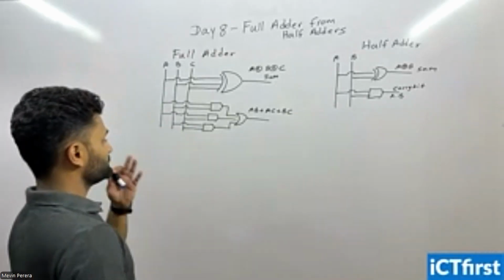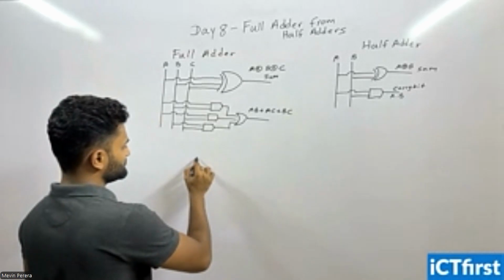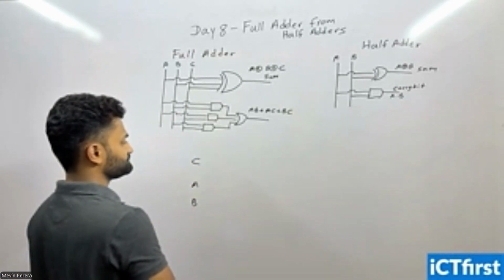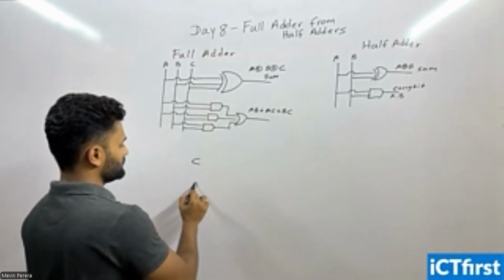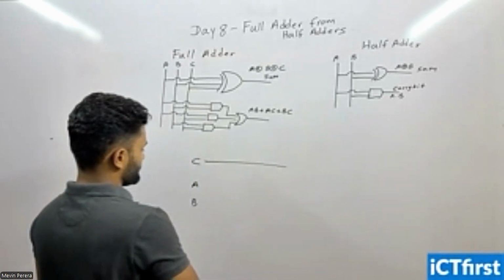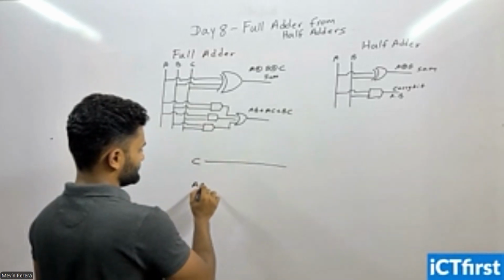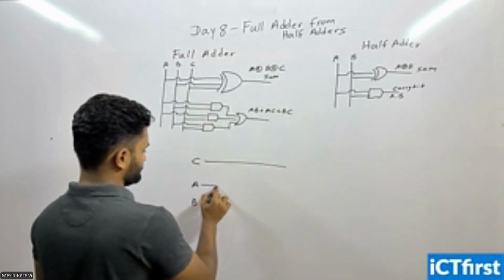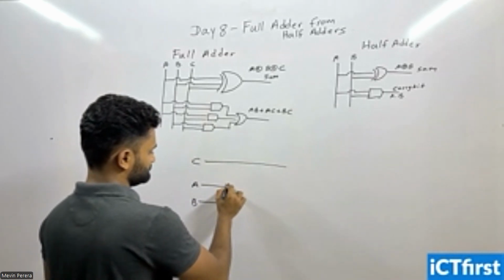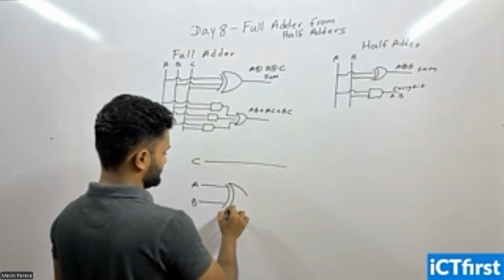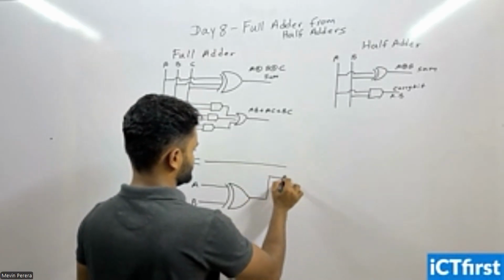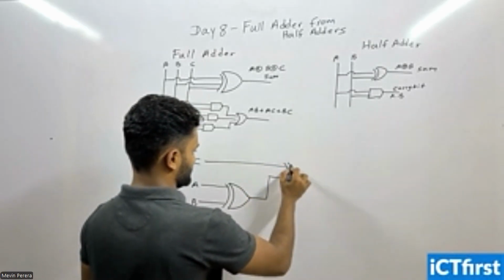Okay. Now, first thing is I'm going to start with the C on the top, and A and B are there. So what is happening is, C is there, and then A and B go through an OR gate, and once again this goes through another OR gate.